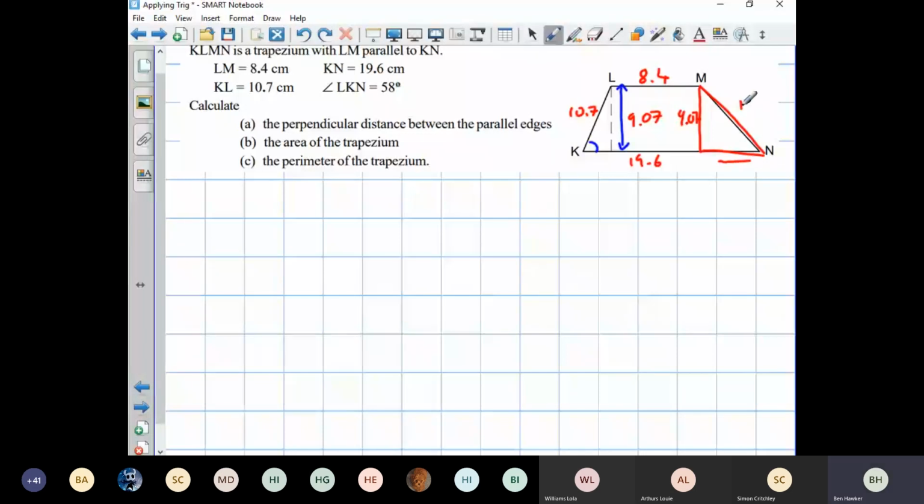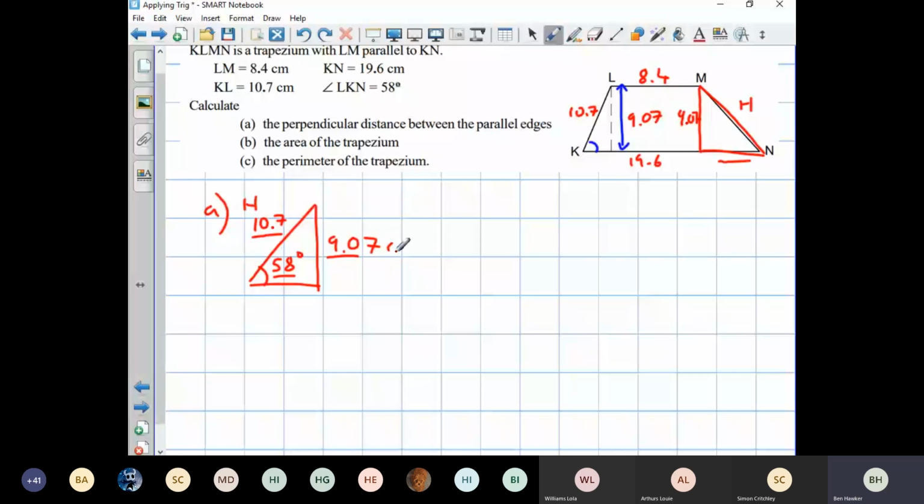So I draw my original triangle, which is going to be 10.7, 9.07, and 58 degrees. Once again, I'm going to use trigonometry because these two values were given to me, and I found this one.